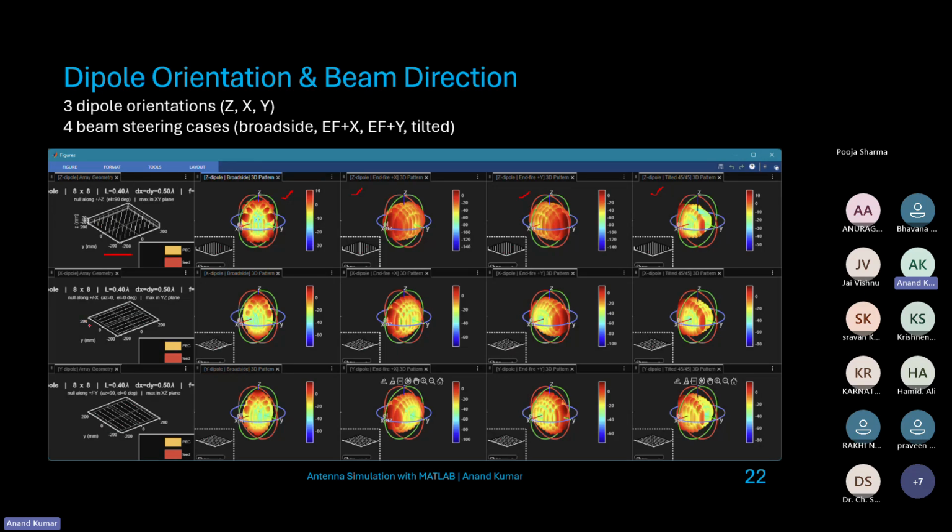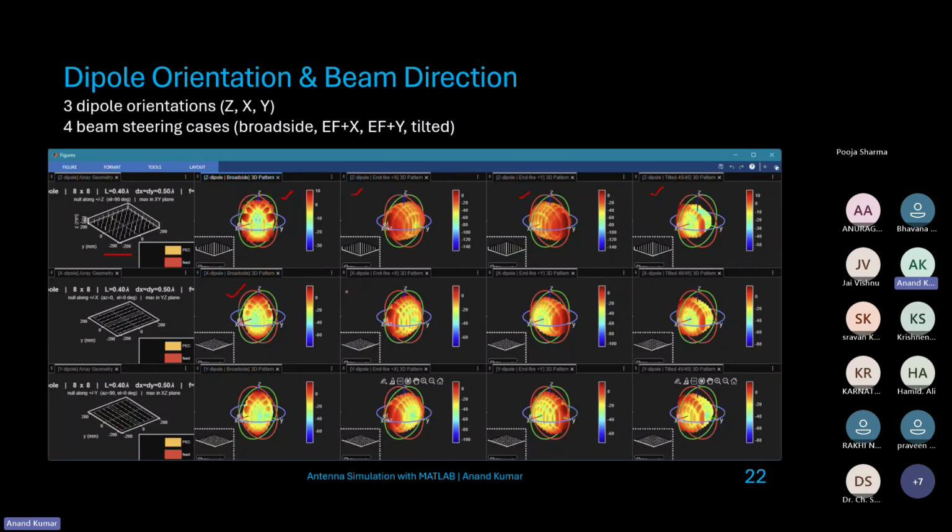Similarly, what we can also do is have dipoles along the x axis but still in the xy plane. So we have x directed dipoles in the xy plane. So this will look something like this. And in this case also you can have different phases.